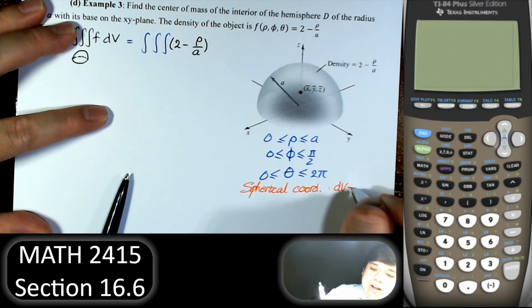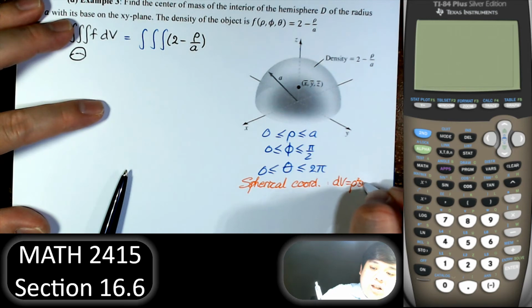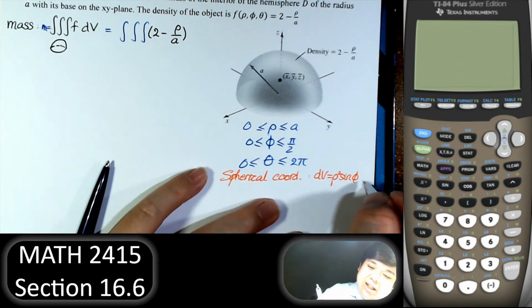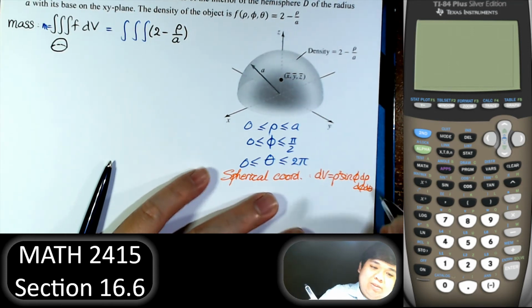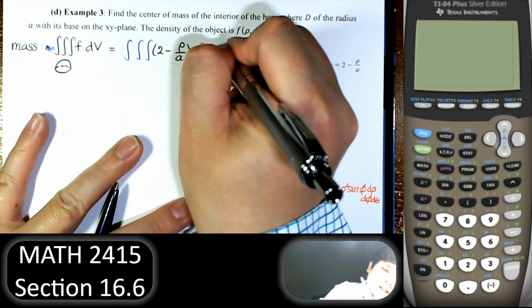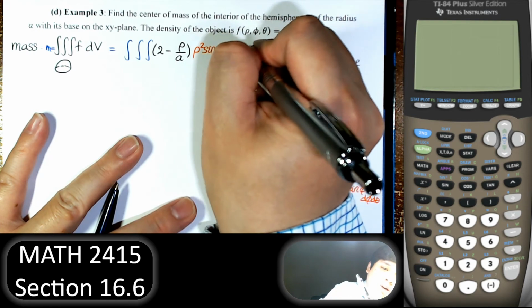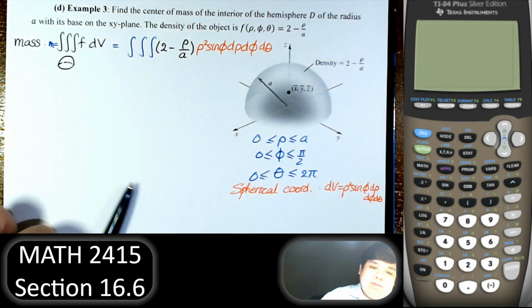Don't forget dV is rho squared sine phi d rho d phi d theta. In the next section we will prove this.